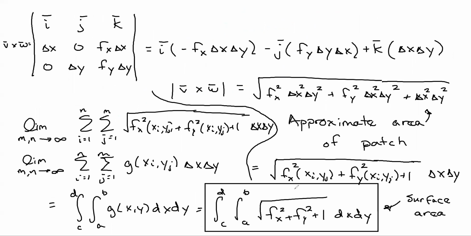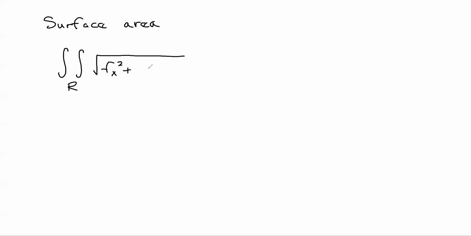And so we can generalize this result and say that the surface area formula is going to be, over a region, which we'll call region R, the square root of partial x squared plus partial y squared plus 1, and we're going to put dA to leave it unspecified.